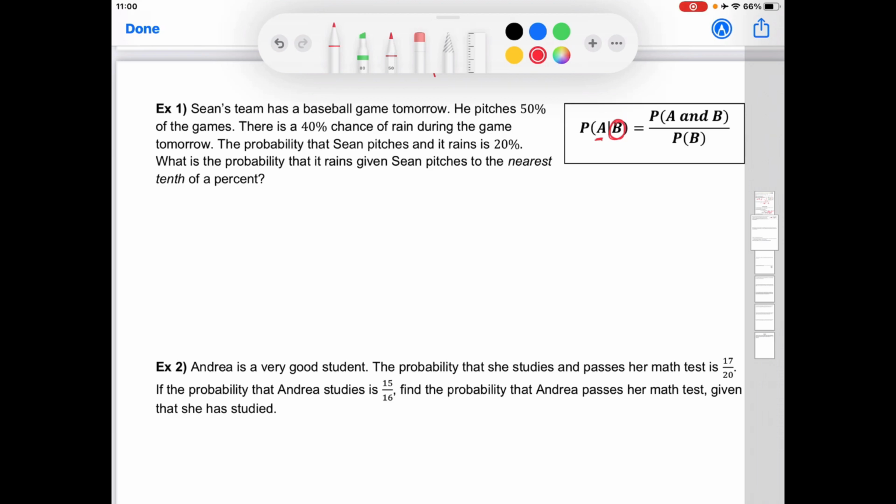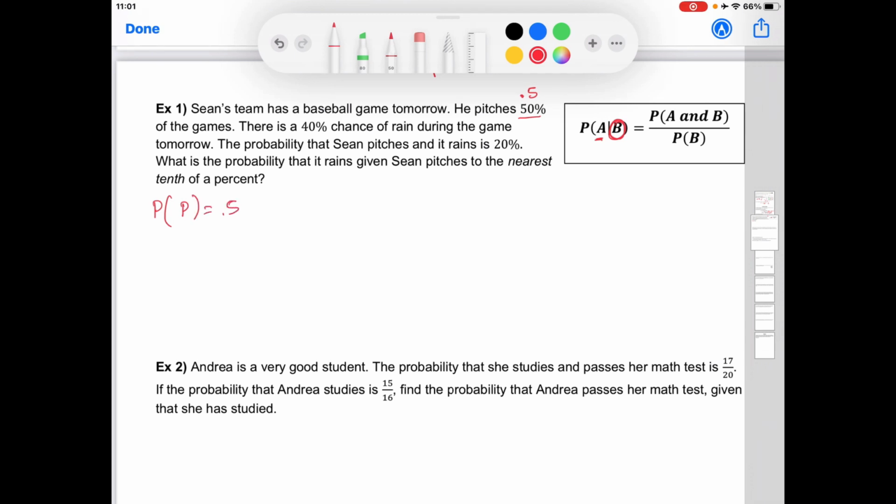So Sean's team has a baseball game tomorrow. He pitches 50% of the game. So again, your probability is between 0 and 1 or 0 and 100%. It can be written as a decimal, as a fraction, as a percent, okay? But if it's written as a percent, you want to change it into a decimal. So it'll be what? 0.5. So the probability of him pitching is 0.5.